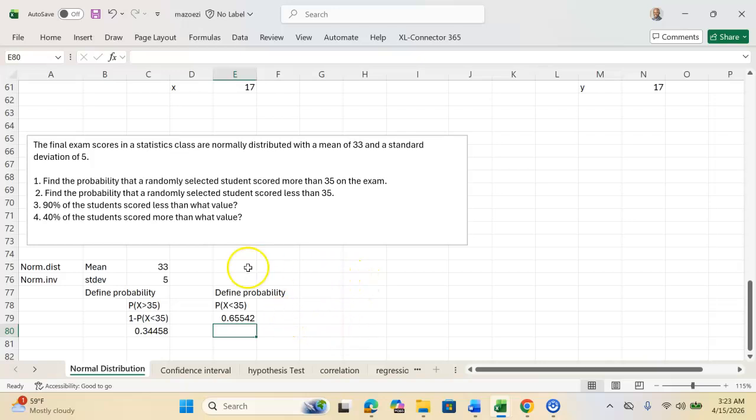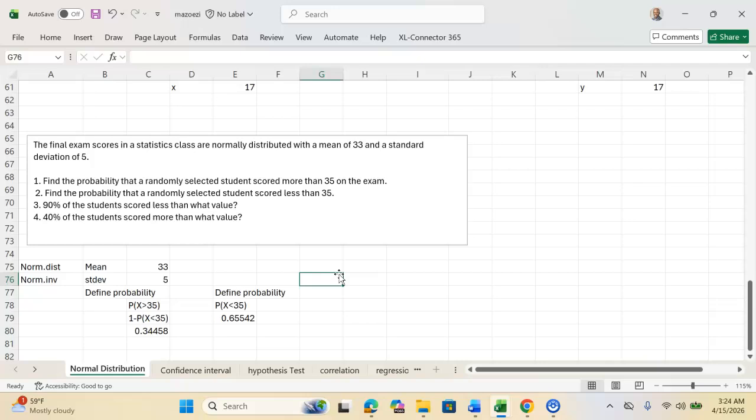The third question asks, 90% of the students scored less than what value. Now we are looking for a value given a probability, and therefore we're going to use this function. We're looking at 90%, or the scores less than 90%.